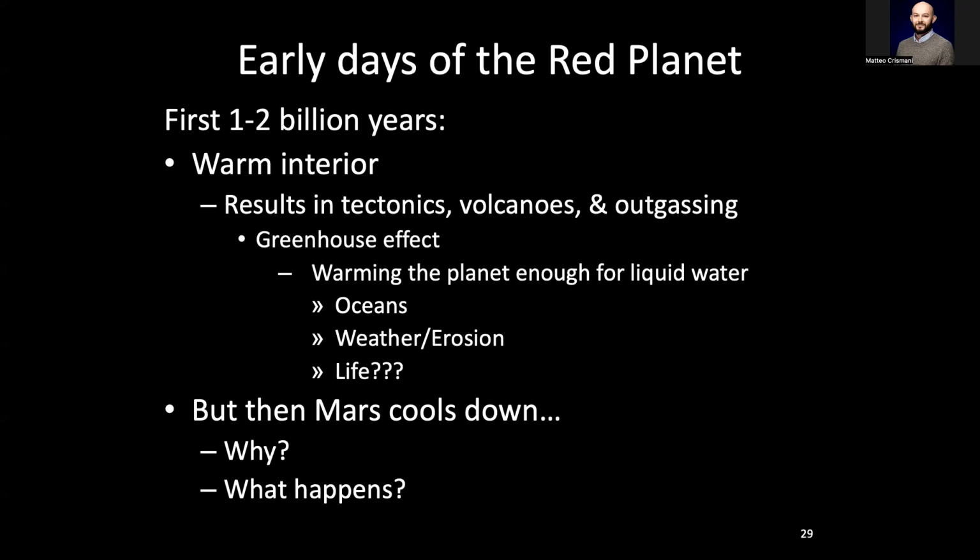Yeah, so we're still thinking about the biggest level. I'm talking about this giant planet, like the Earth, warm inside. Mars was warm for just 1 or 2 billion years and then got cold. Why?